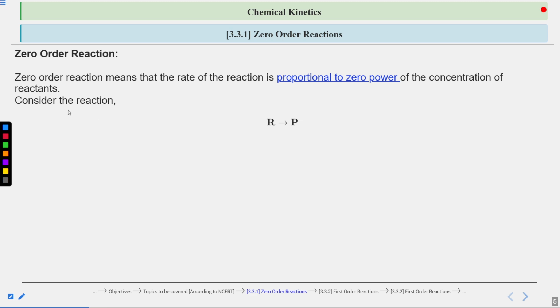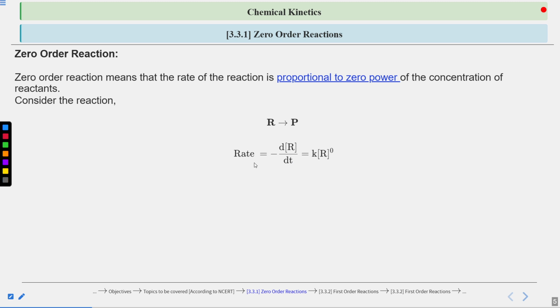So coming back to the point, let's consider this reaction in which the reactant is converting to the product. The rate for this reaction will be defined as minus dR by dt, where dR by dt represents the rate of change of reactant concentration in time t. So minus dR by dt is equal to k times the concentration of the reactant to the power 0.